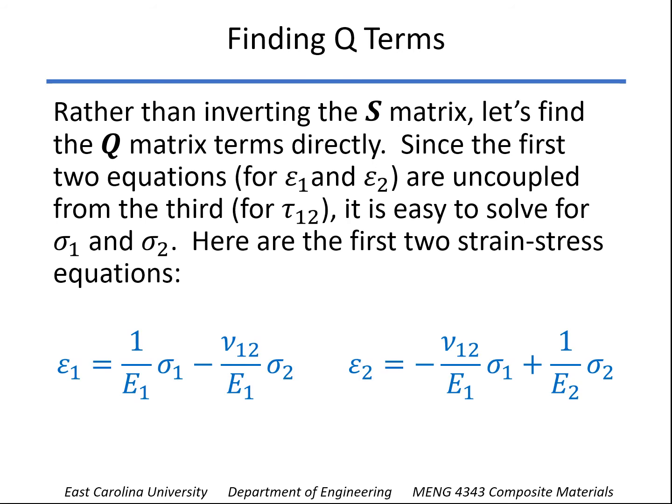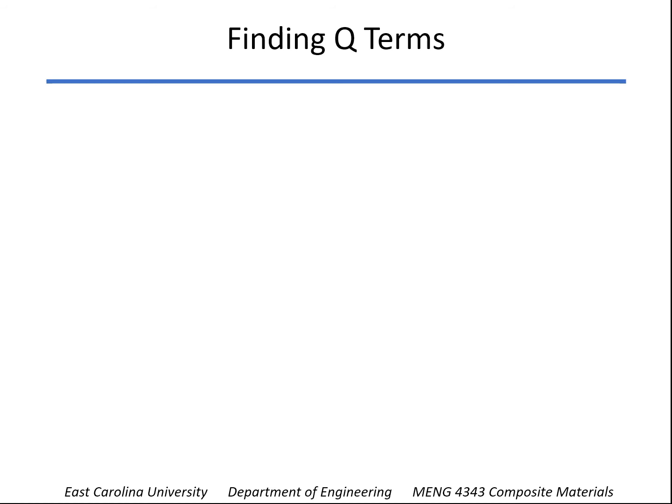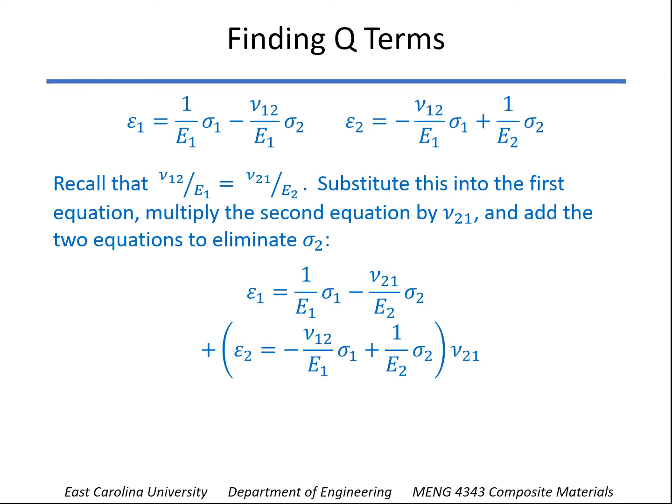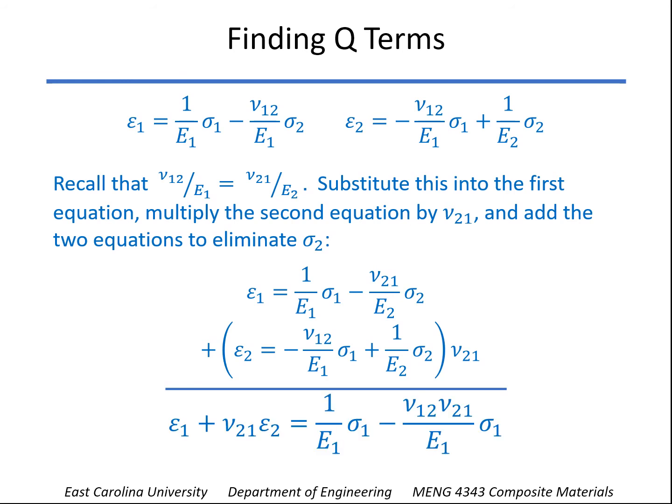Here are those first two equations written out. When we combine those, one way to do it, remembering this relation between the Poisson's ratios, is to substitute that into the first equation and then multiply the second equation through by nu 2,1 and add those together, and we'll eliminate the sigma 2 term.